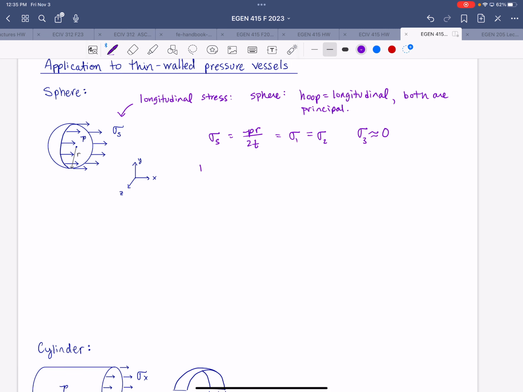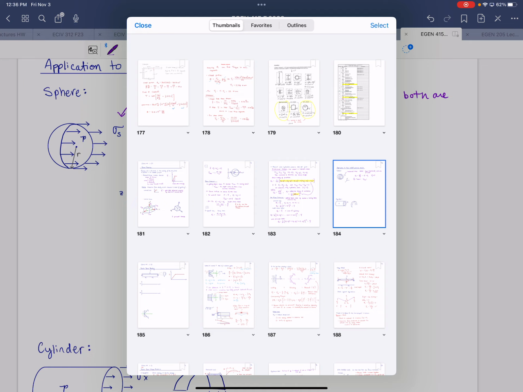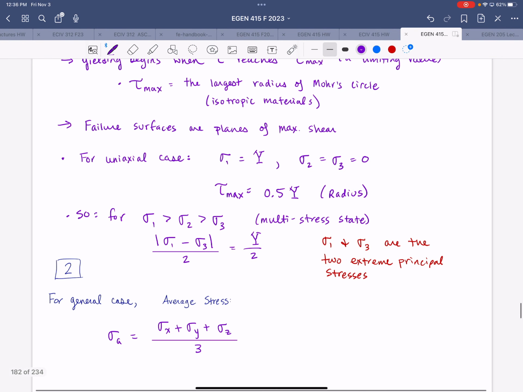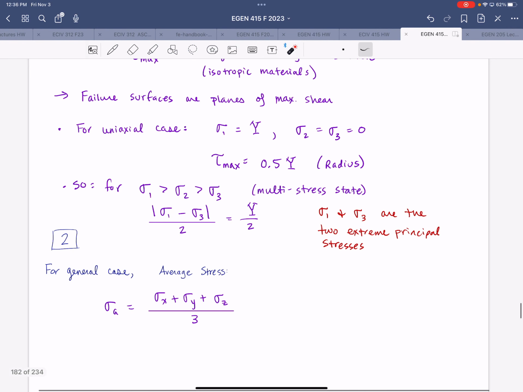All right, so if we first consider the Tresca criteria and apply that to this thin-walled spherical pressure vessel, we would set the maximum shear stress equal to the limiting value. And back from our Tresca criterion page, we landed on this formula right here.